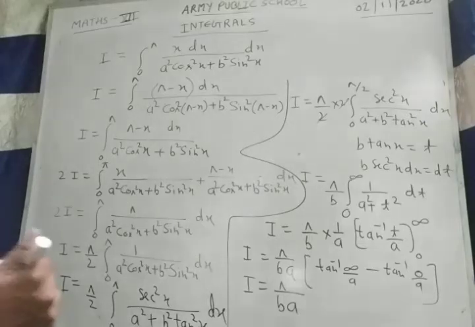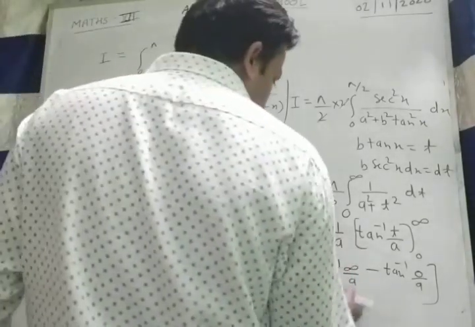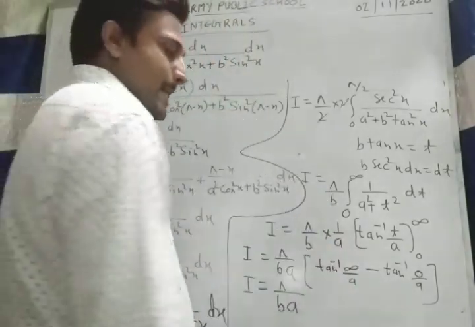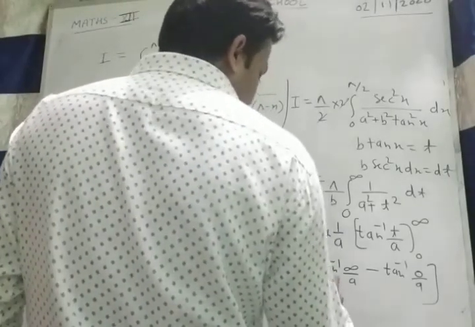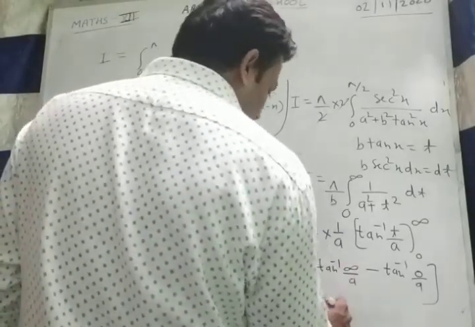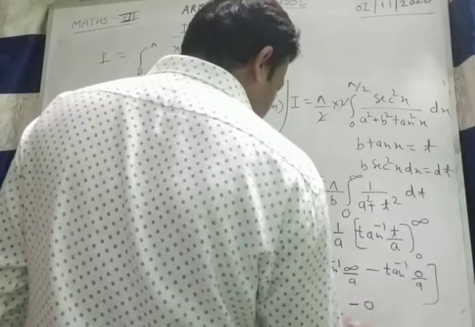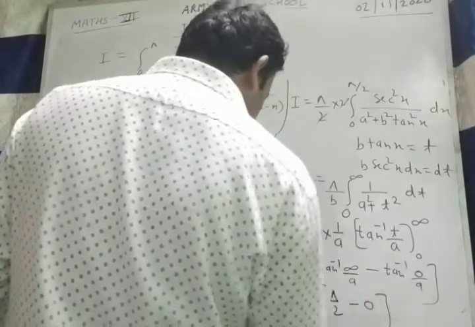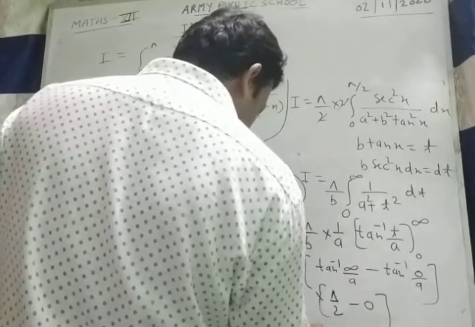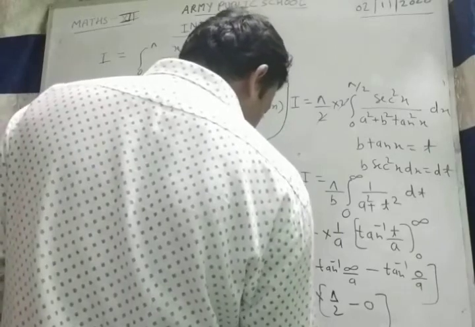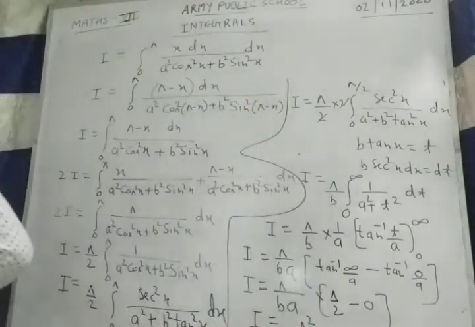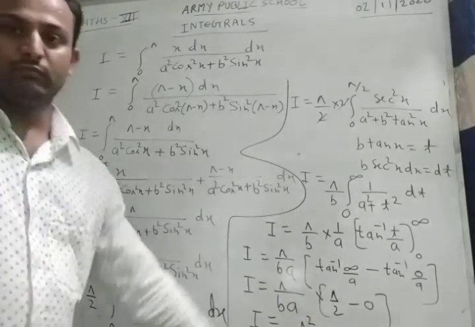Okay, so what will it be? This will be pi by 2. So we write pi by 2 here, and this will be 0. So we get I is equal to pi square by 2ab. So the result will be pi square by 2ab.